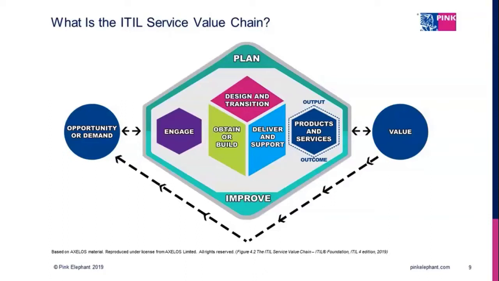So we're going to talk about primarily 3 of these key activities within the service value chain. The design and transition will be one of those, and you may recognize those two names from ITIL version 3. Then we'll talk about obtain or build, and also deliver and support. But I want to come back and talk a little bit about obtain or build, because the obtain has been around. In version 3, it was called supplier management.